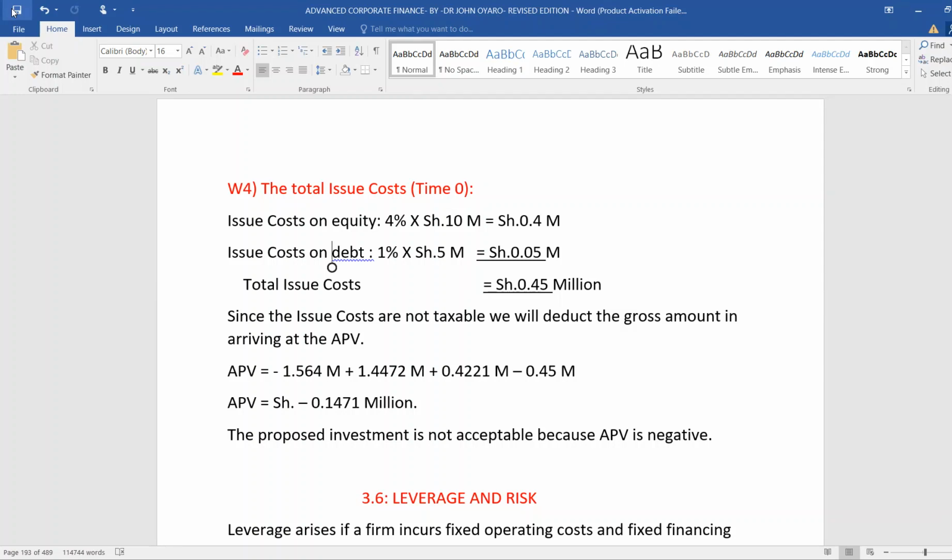Yes. If that is the case, the answer is negative, and therefore the proposed investment activity is not acceptable because the APV is negative. So the proposed investment activity should be rejected.